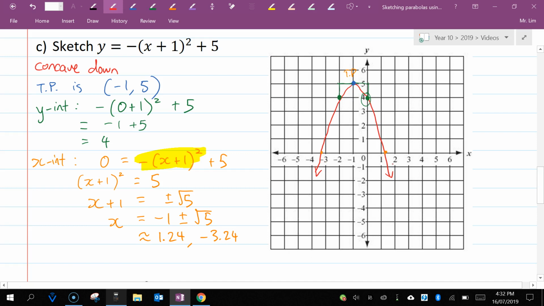I would encourage you to write here minus 1 plus root 5, and this one is minus 1 minus root 5. Let's label this y is equal to minus (x plus 1) all squared plus 5.